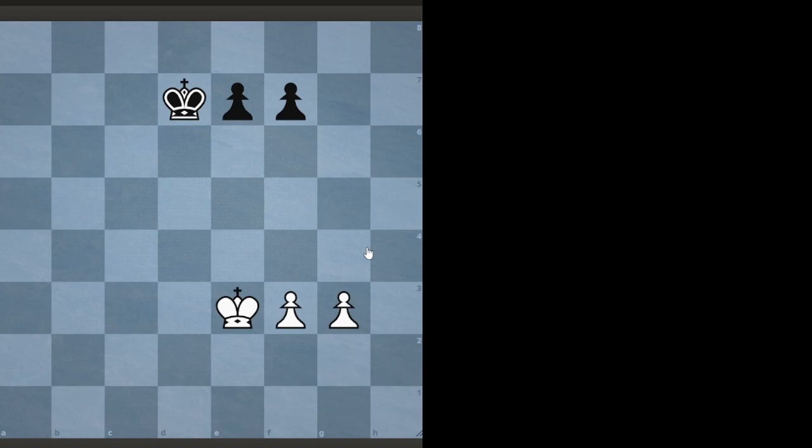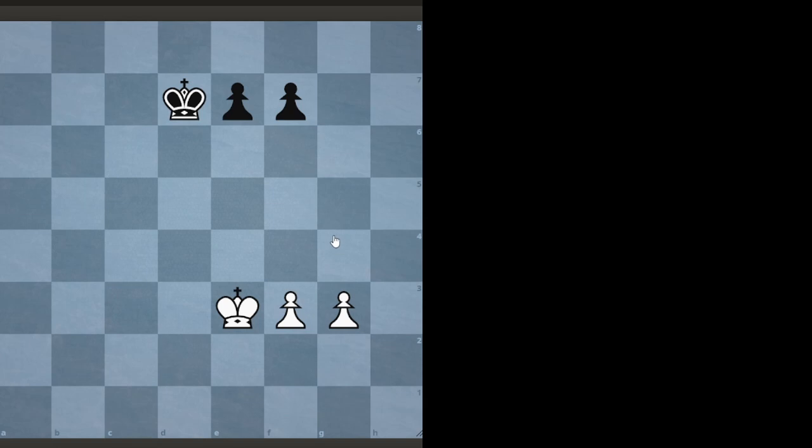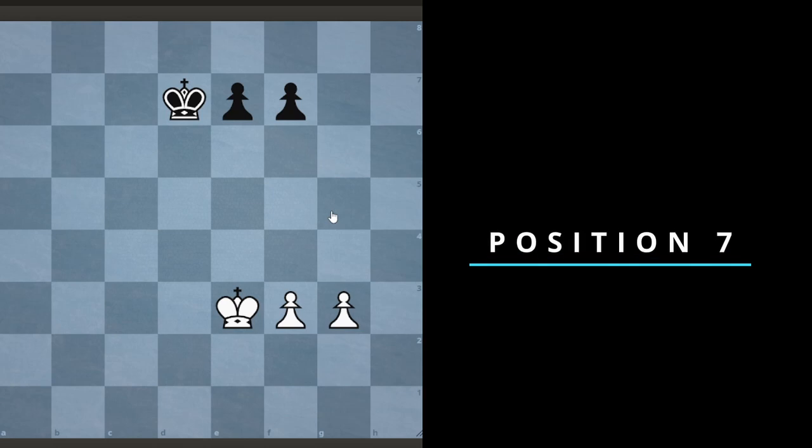But black doesn't allow for that, because if white starts doing it this way, black does the same, and they capture both pawns, and neither of the pawns can advance. Therefore, regardless of who is on the move, the outcome is a draw. Now, if black is on the move, it's the same.